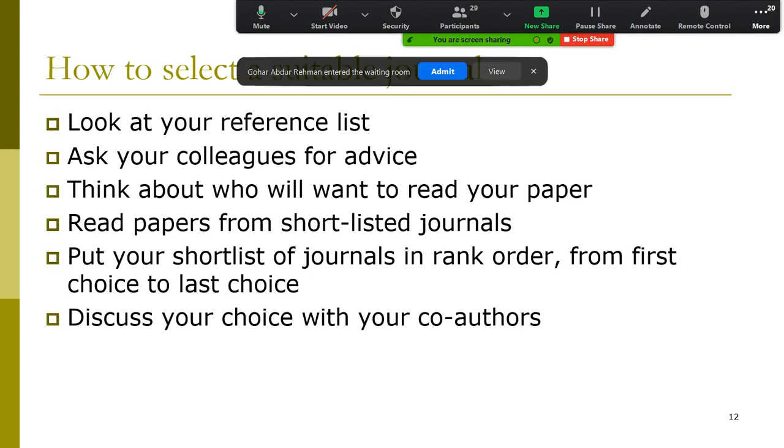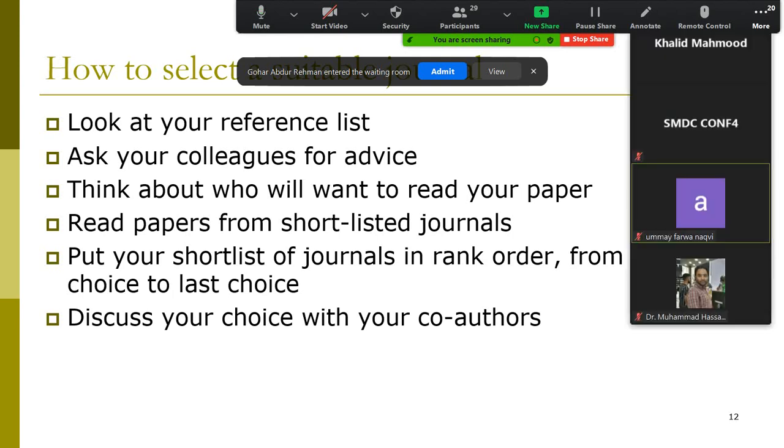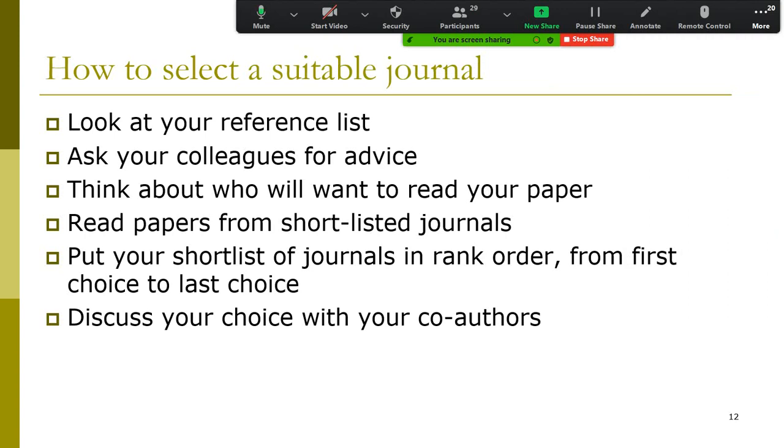You can ask your colleagues, and specifically your seniors, for advice. If your seniors or colleagues have already experienced publication, they can guide you. Think about who will want to read your paper. Always look for a target audience for your paper.